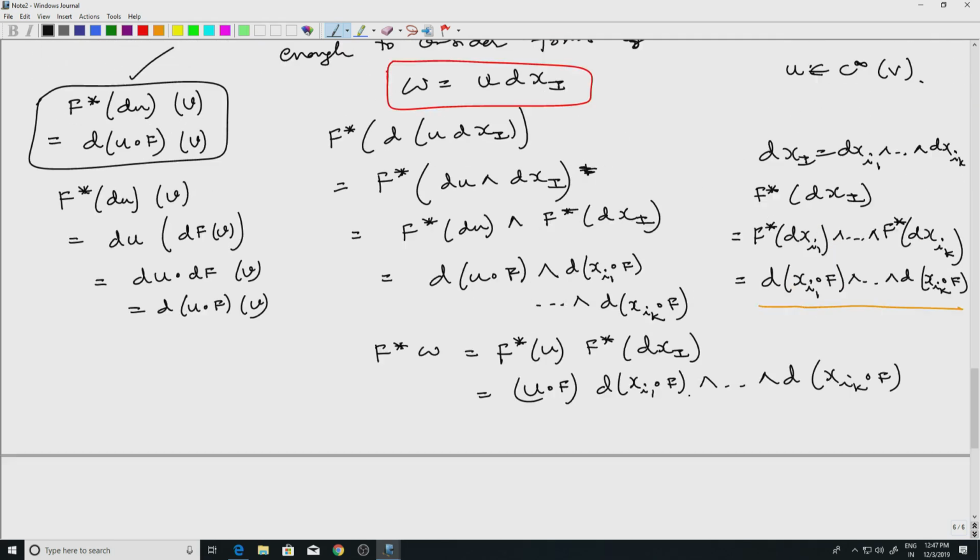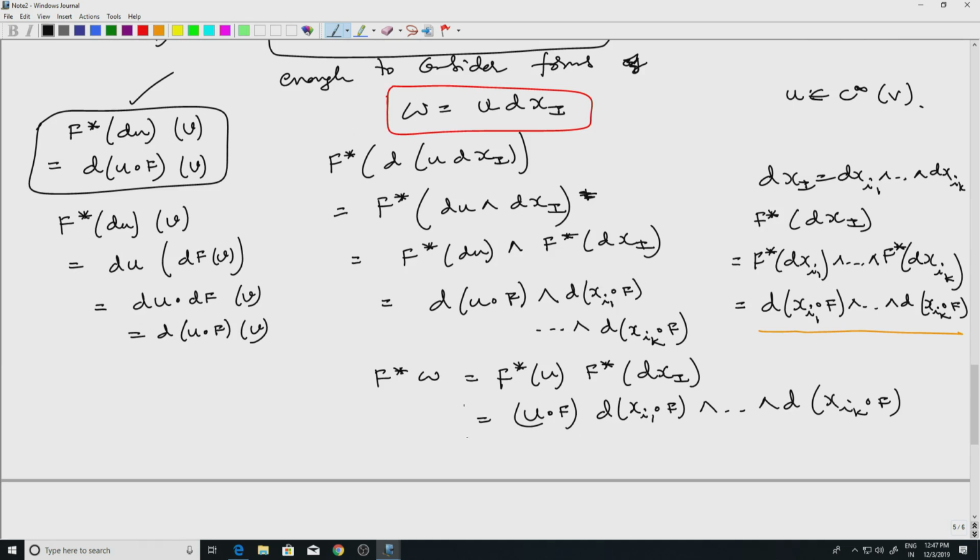Well, essentially I end up with the same thing on both sides.